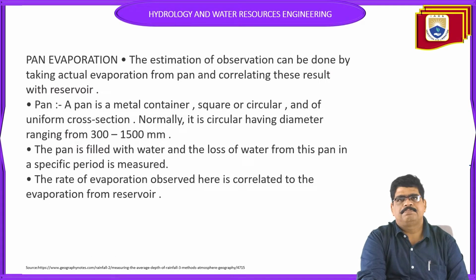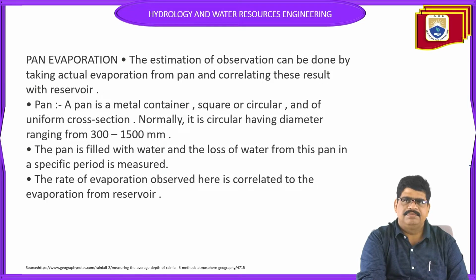Next, pan evaporation. The estimation of evaporation can be done by observing the pan, giving the actual evaporation correlated to the result for the reservoir. A pan is a metal container, square or circular, with a uniform cross section. Normally it is circular, with a diameter ranging from 300 to 1500 mm.